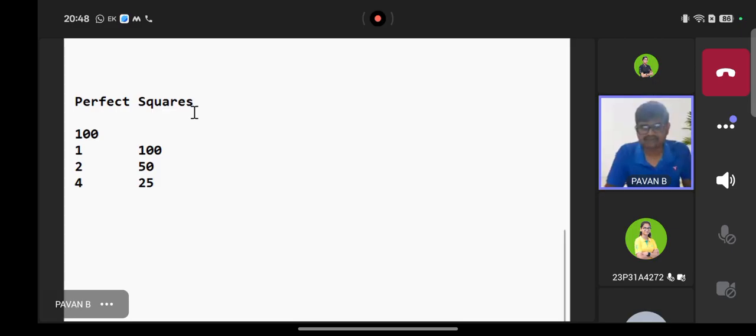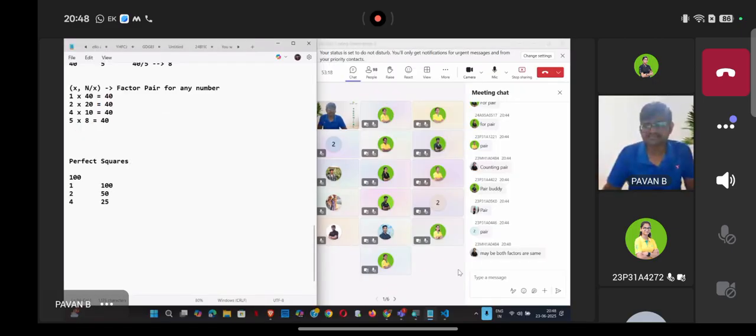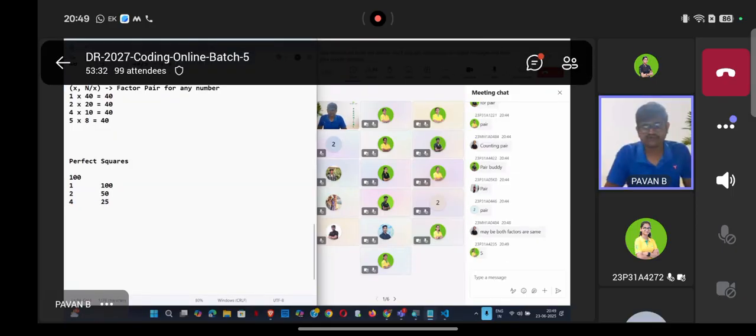What is the next pair after 4 and 25? For 100, can you tell me what is the next pair after 4 and 25? 5 and 20. Okay, correct. Now what is the next pair? This is the crucial point.